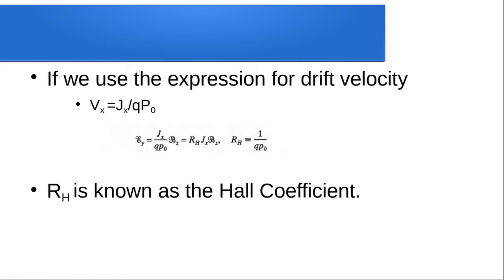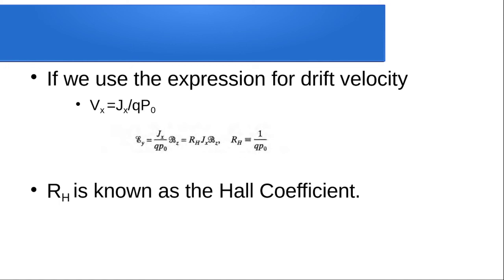This can be rewritten as Rh, which is known as the Hall coefficient, which is equal to 1 by qp in this case. This is equally possible in the case of electrons also. Though we are discussing this with holes, this is also possible with electrons.